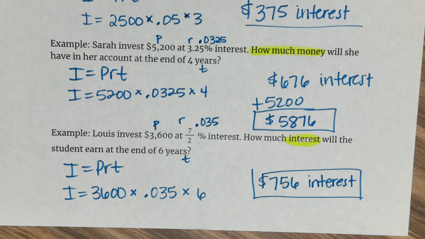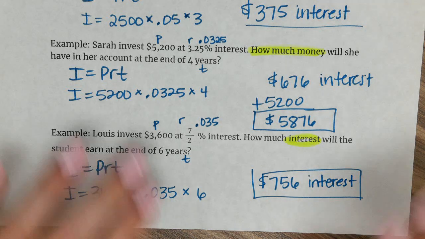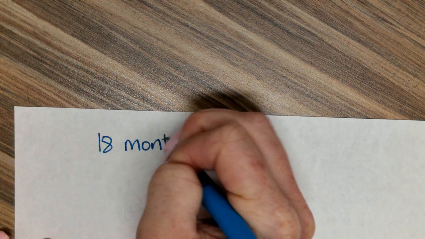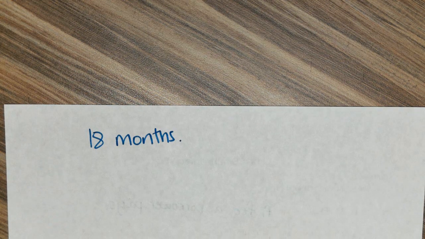On number 10, on your assignment, it wants to know the interest for 18 months. So everybody write this down on the back of your notes. We need to turn 18 months into years. How many months are in a year?